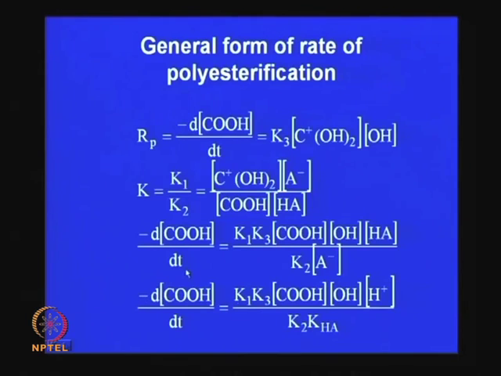The overall rate of esterification or polymerization can be calculated by taking the concentration of carboxyl group, hydroxyl group, and this acid as a concentration term in the rate equation. There are certain regions, I will explain later. Okay, thank you.